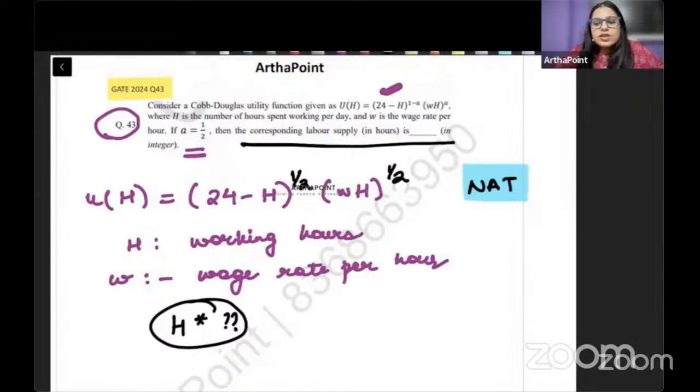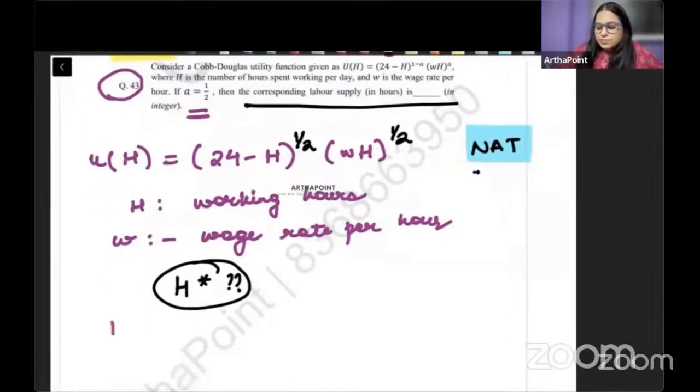So we need to go ahead and do this question in such a way that it is the shortest way possible. Anyone? Hint number 1. Good.